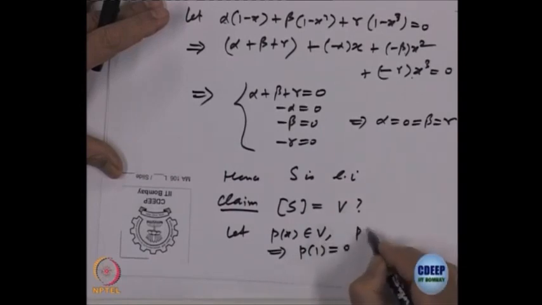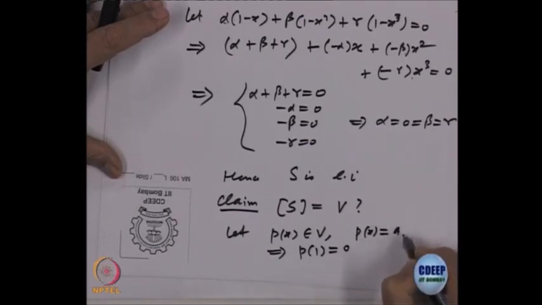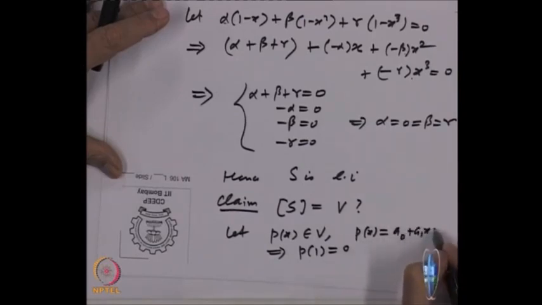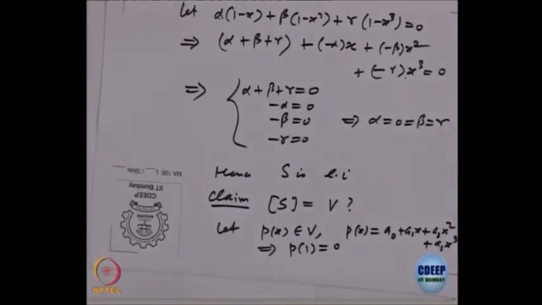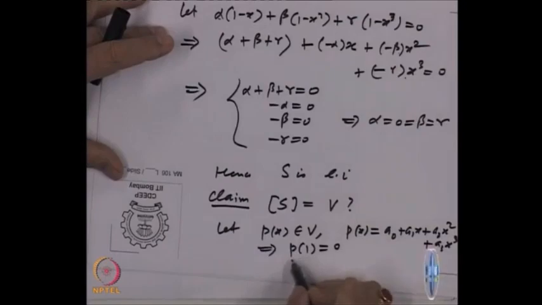Let us write P(x), a polynomial of the form a0 plus a1 x plus a2 x square plus a3 x cube, since V is cubic, right. Is that okay? P is some polynomial with some coefficients a0, a1, a2, a3. We do not know what they are, we have to find them and express this with this property.